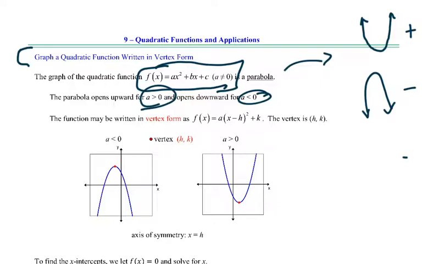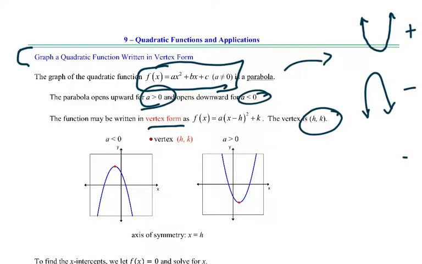The function may be written in vertex form as f of x equals a times the quantity x minus h squared plus k, and that gives us our vertex (h, k) as a coordinate pair.